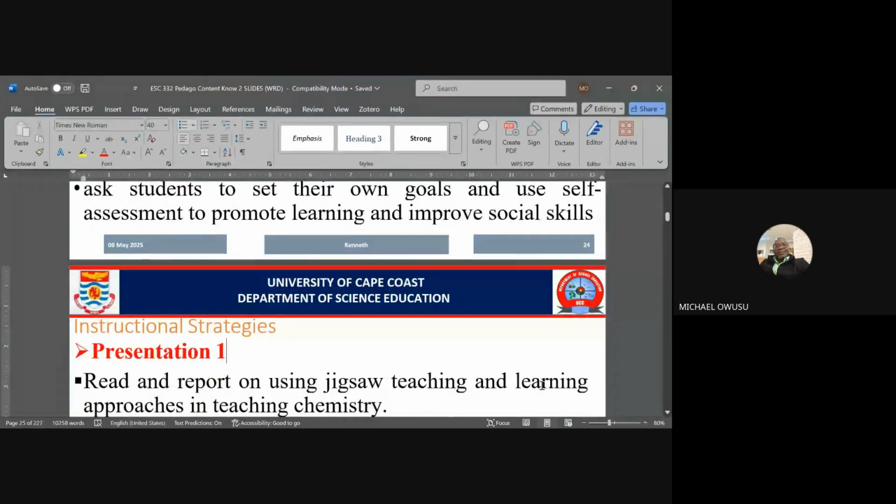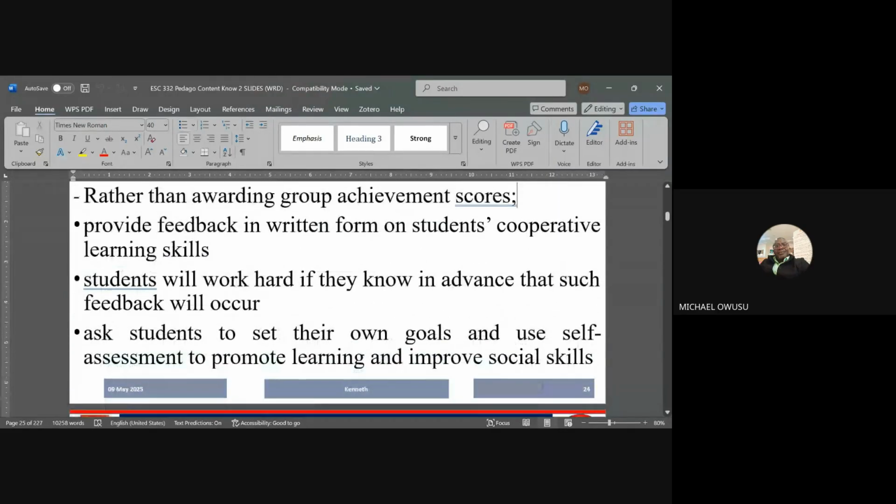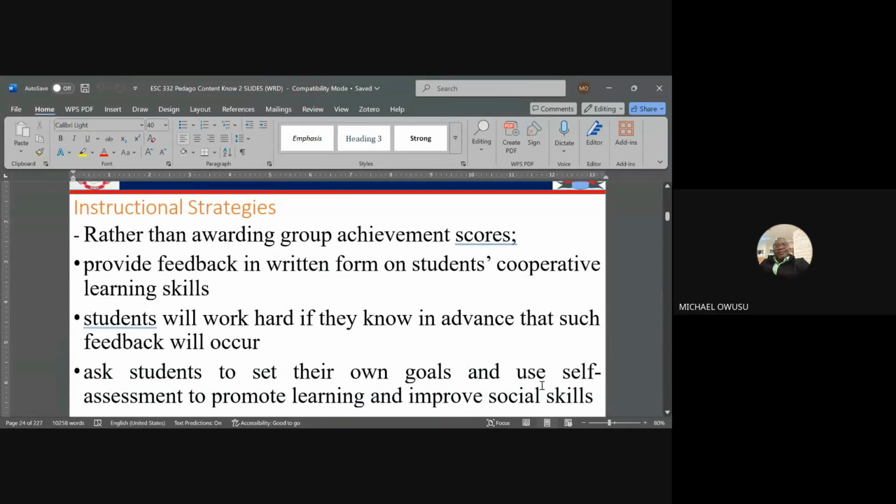So my question is, what are some of the written feedback that you can give to such activity or such cooperative learning groups? What are some of the feedback instead of maybe 10, 20, 15, for people to laugh, people to accept those things?